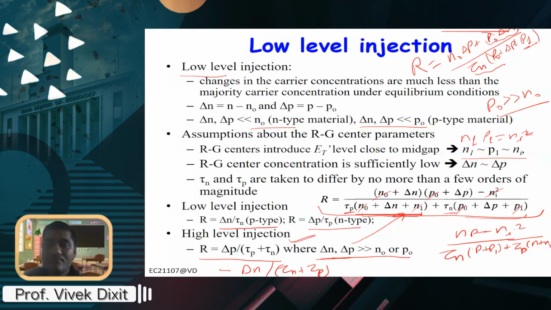So this is basically low level injection, and we have just given the expression for high level injection also. But you should always remember this expression, and then by putting the values, you can see what approximation to make and what approximation not to make.